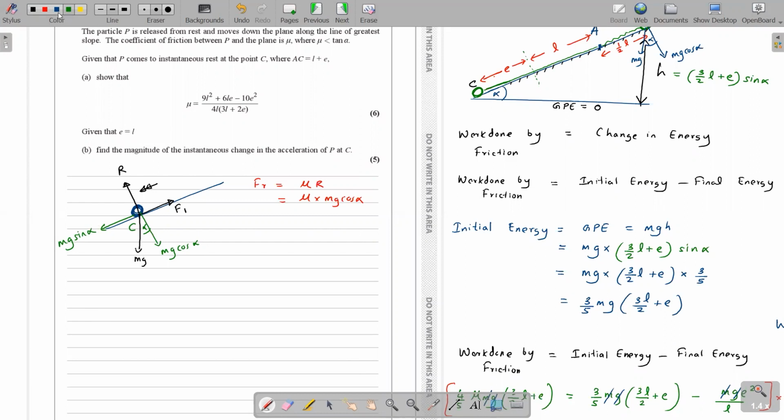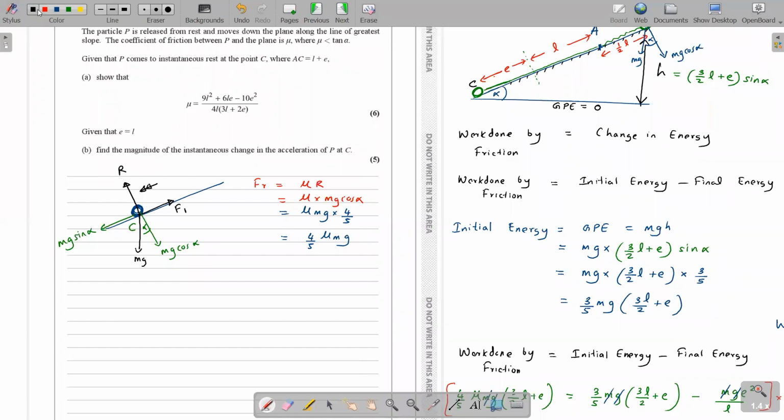What was the cos alpha? Mu mg cos alpha is 4/5, so 4/5 mu mg. I'll input the mu value later.